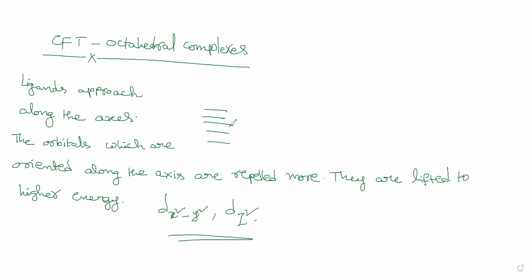So the 5d orbitals are actually degenerate. Degenerate means all the 5d orbitals have equal energy, but because of the approach of the ligands, the degeneracy is lifted. This is a very important term. The degeneracy is lifted because ligands approach along the axis.